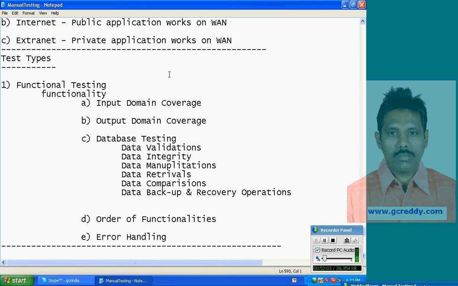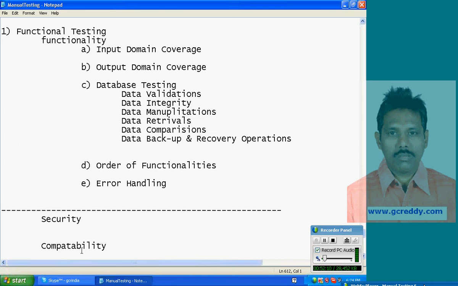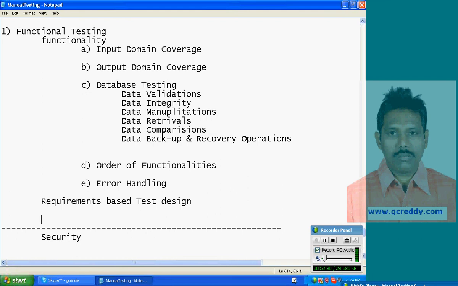Just remember that one. And one more thing, functional testing can be performed in two ways. One is requirements based test design, requirements based testing. Next, use case.